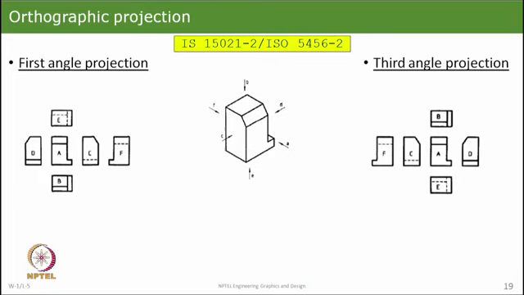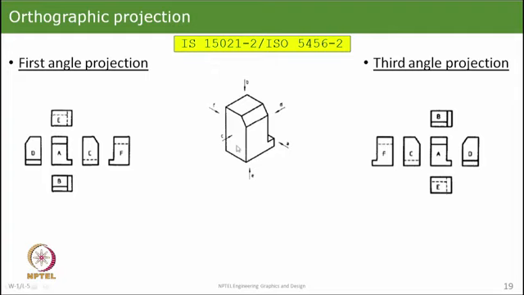In third angle projection, we view it slightly differently. The view at A is the same here, which we have kept here. This is A, it looks the same as the first angle projection, no difference. But what you saw from D, this direction, is placed on the right side.